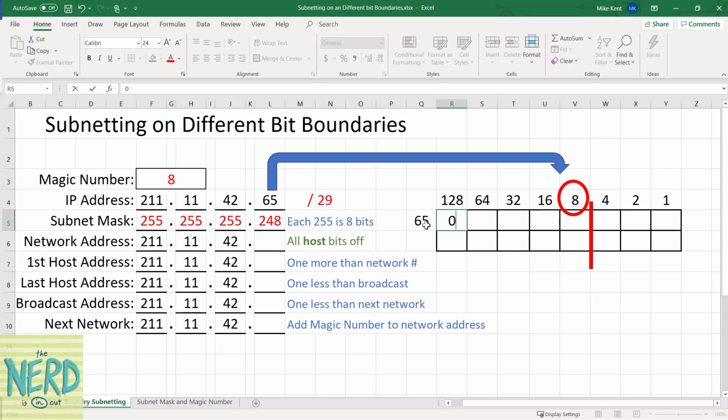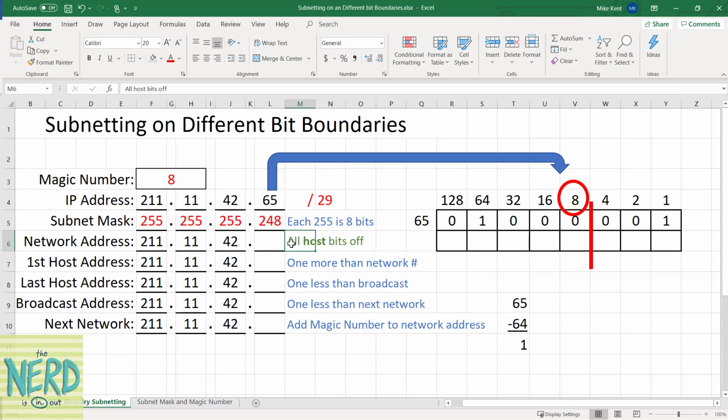So 65 is 0. I can get a 64. So 65 minus 64, that leaves 1. So since I have 1 left, that's going to be 0, 0, 0, 0, 0, 1.